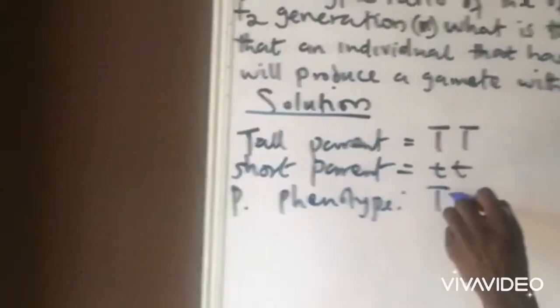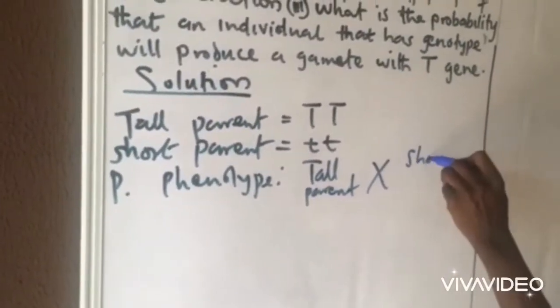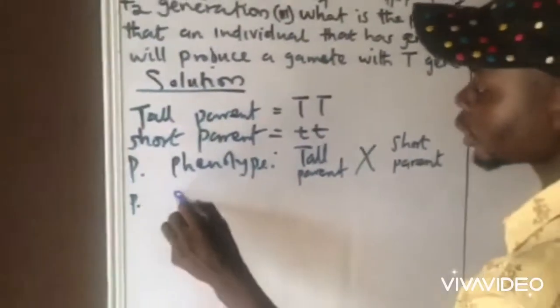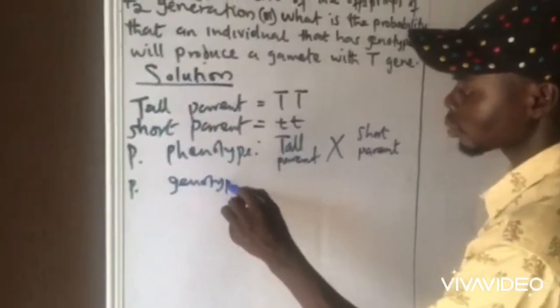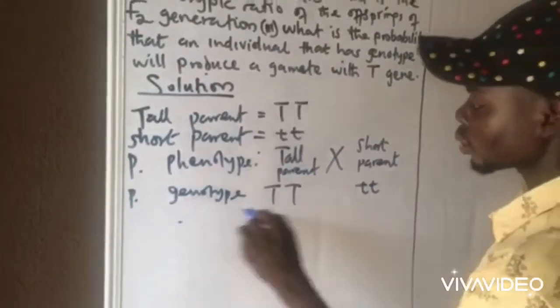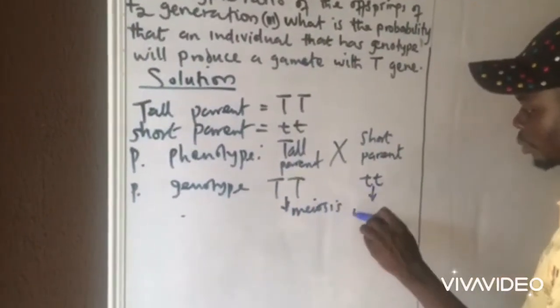a tall parent and a short parent. So we have parent genotype, we have meiosis, which will lead to the formation of gametes.